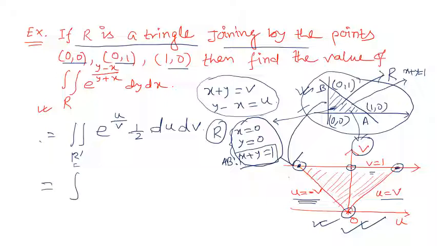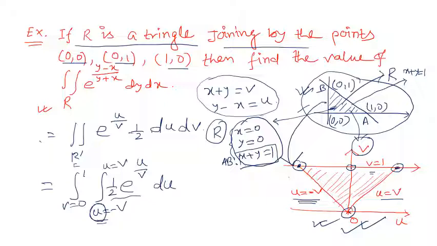Therefore the limit v goes from 0 to 1, and u equals to minus v to u equals to v, and next e to the power u by v. Since this interior integral varies from minus v to v, that means this is the limit for u. Therefore we should integrate this with respect to du.